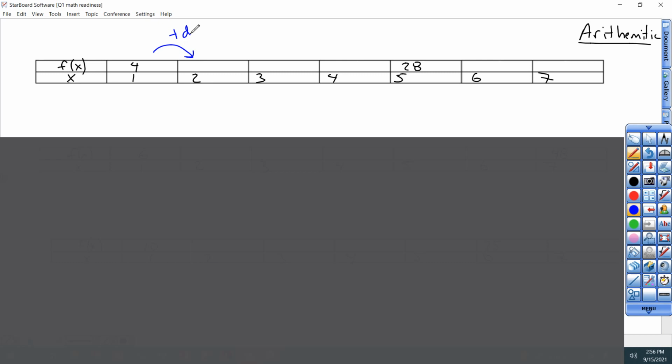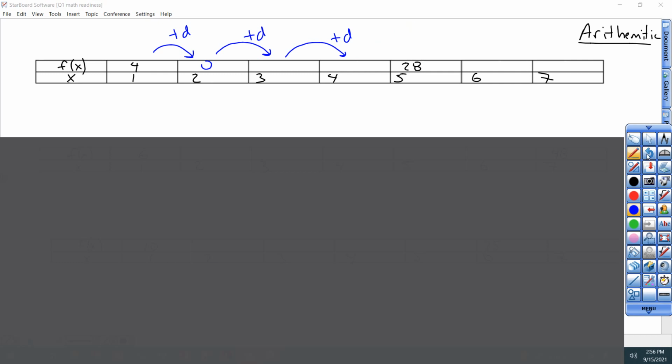And then I'm going to add from that spot to get to the next one another D number that I'm trying to find. And then from there, to get to the 4th term, another unknown D. And then from there, to get to the 5th term, 28, another unknown D.